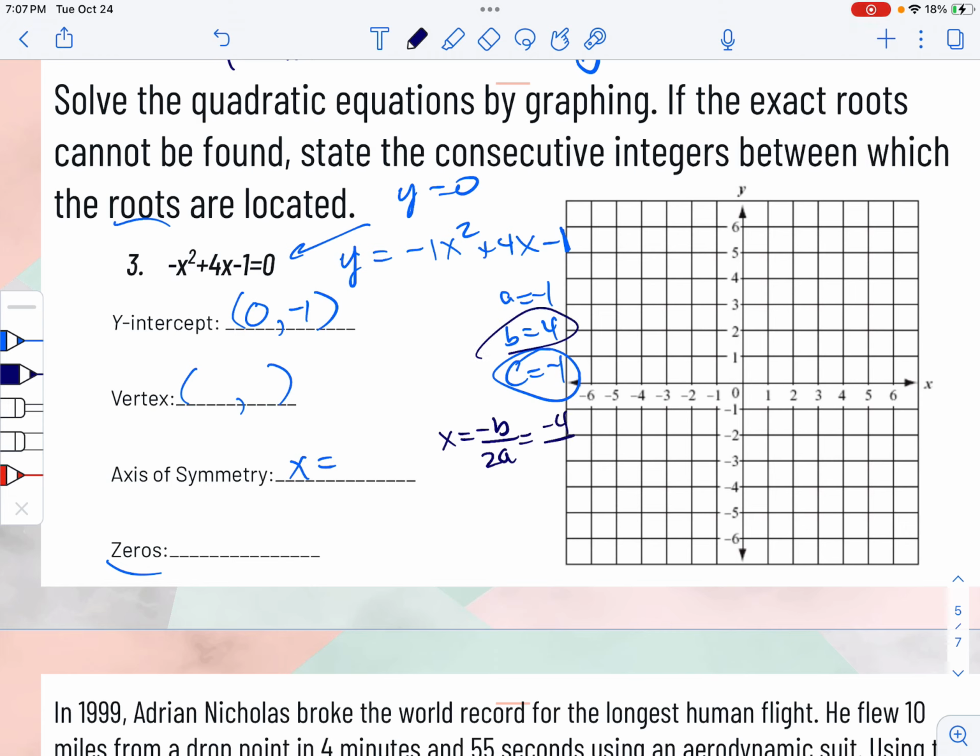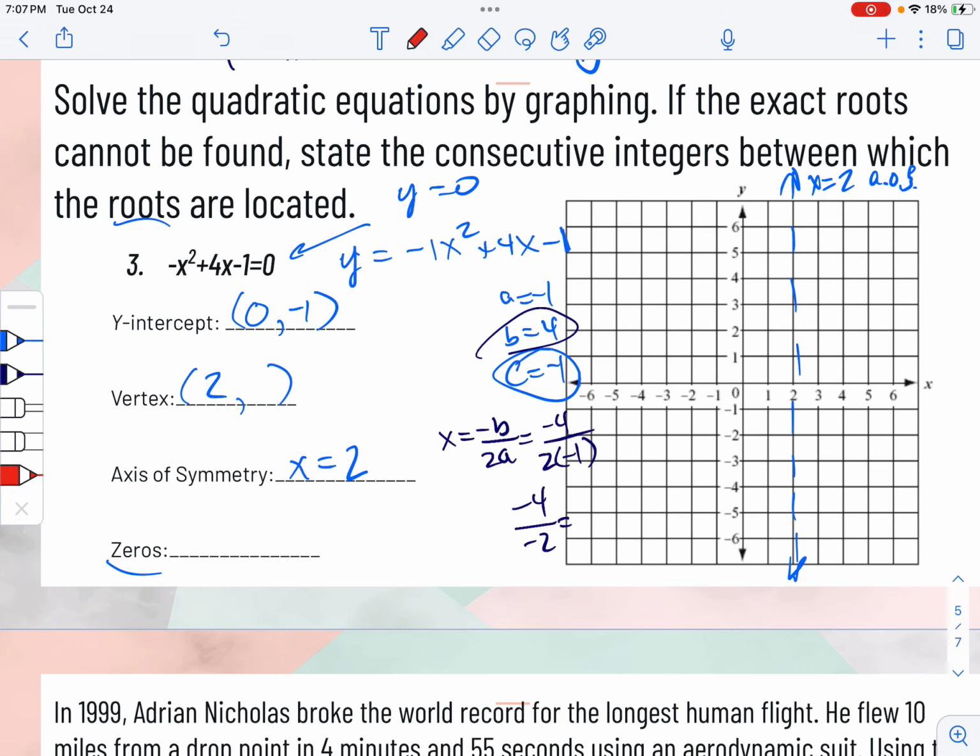So the opposite of b, that would be negative 4 over 2 times negative 1. So that's negative 4 over negative 2. That's equal to positive 2. So let's go over here, positive 2. There's my AOS, axis of symmetry. Okay, x equals 2.